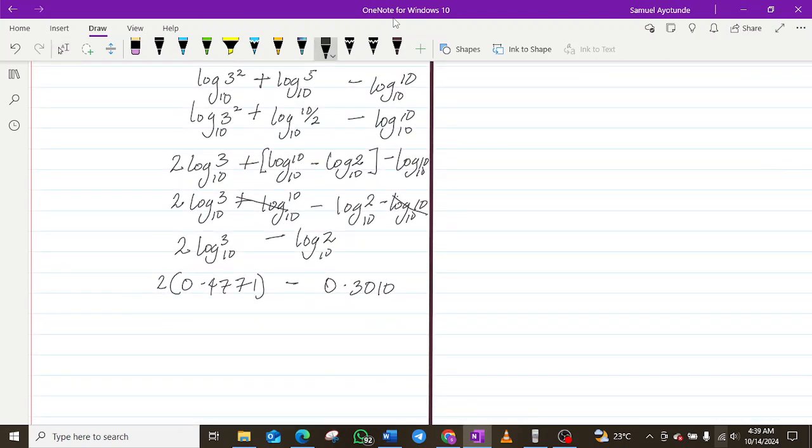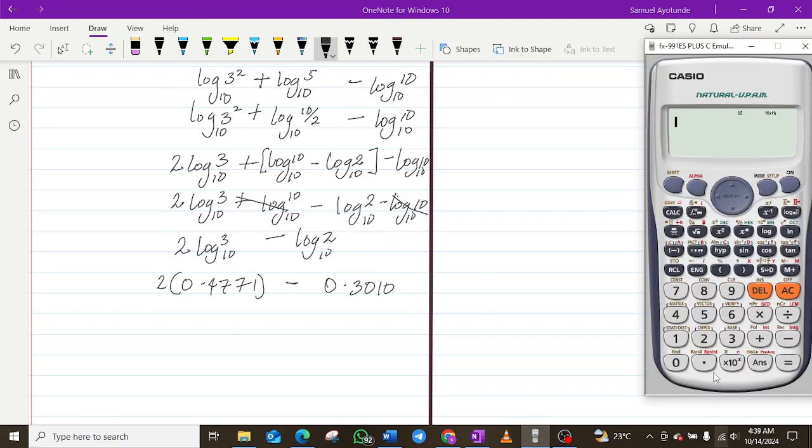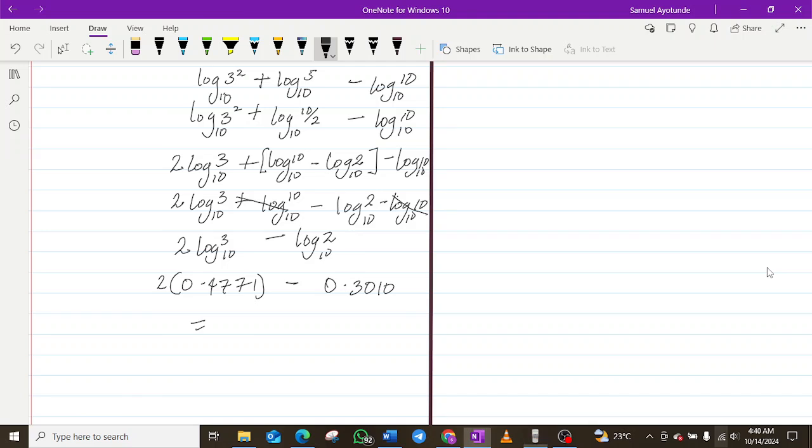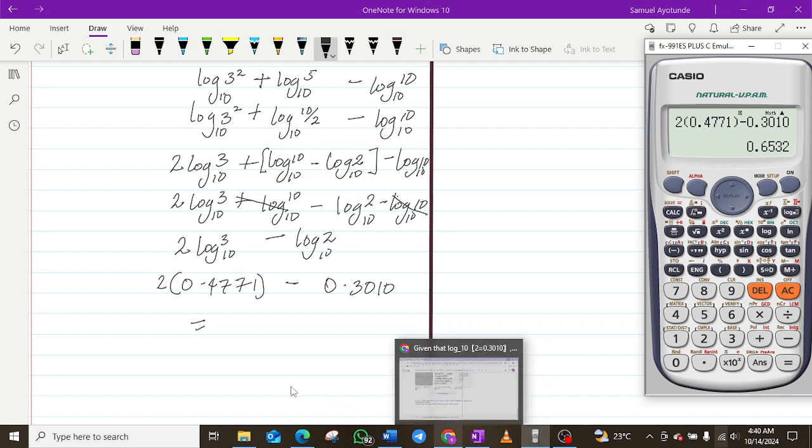If we multiply, then you apply your calculator for me. We are doing 2 in bracket 0.4771, close the bracket, minus 0.3010. Then we have this as our answer, 0.6532.